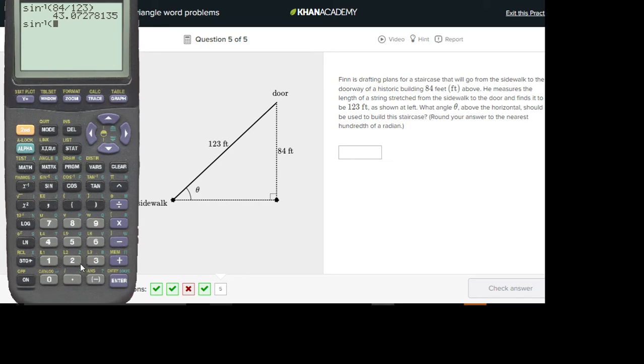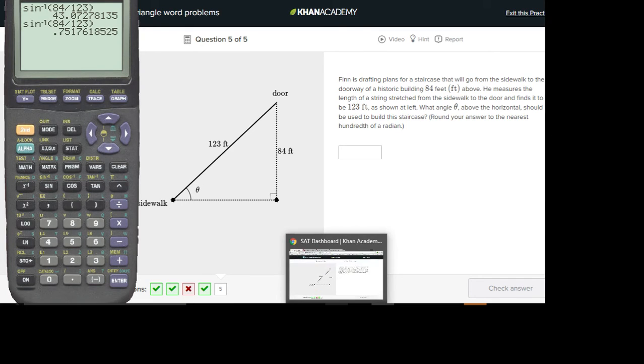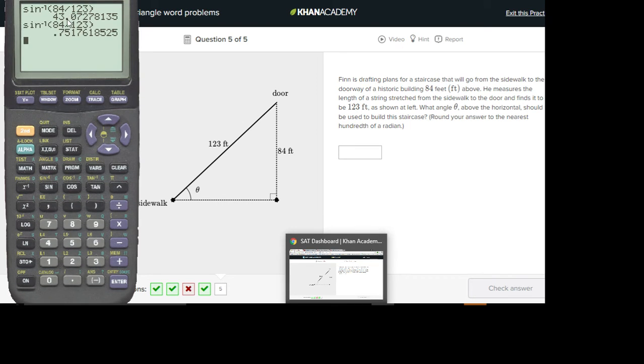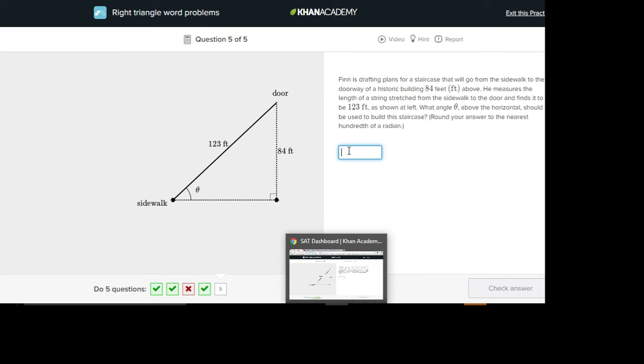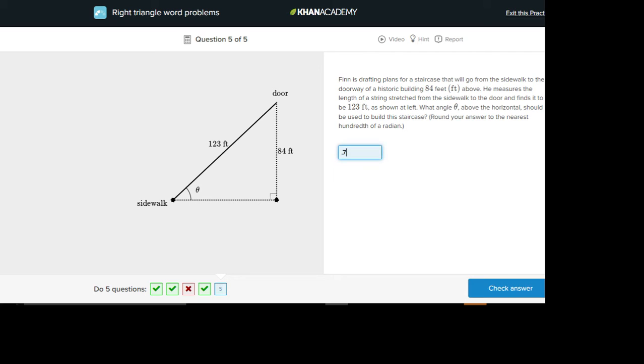The only thing I know from radians is how to push on the calculator. Oh, wait, yeah, that's it. 0.8? No, it's 0.75. 0.75. That's it? Okay. Nice radians.